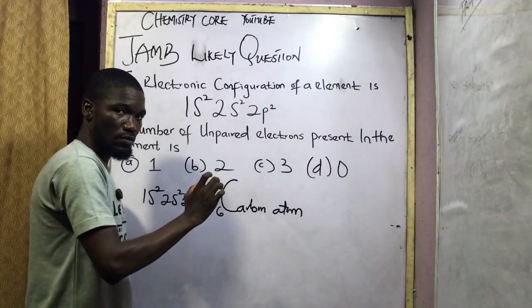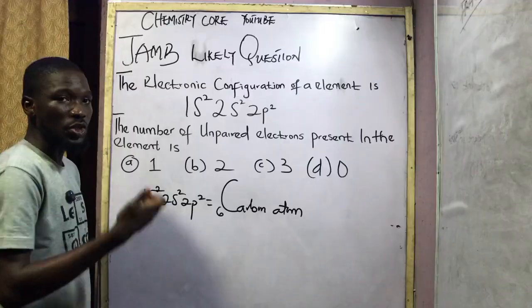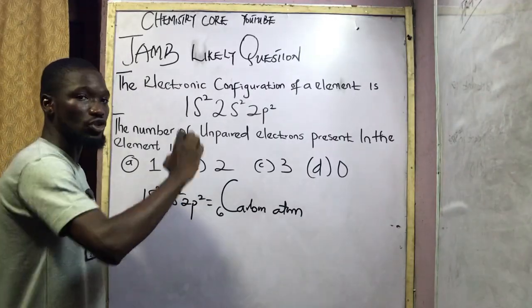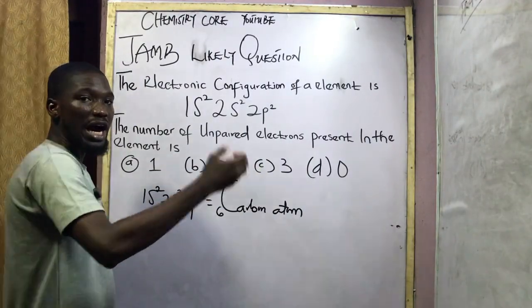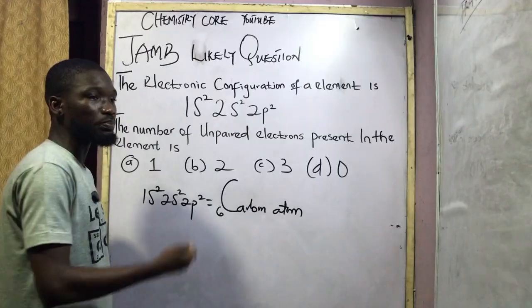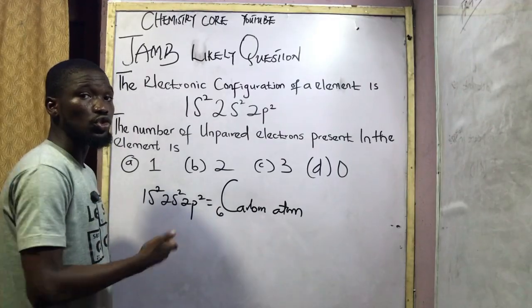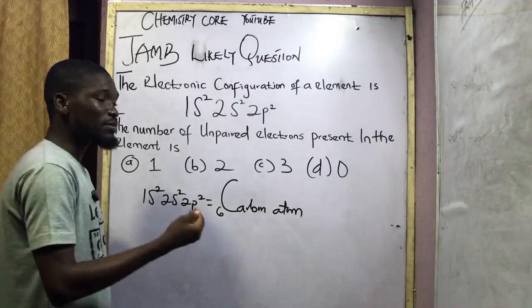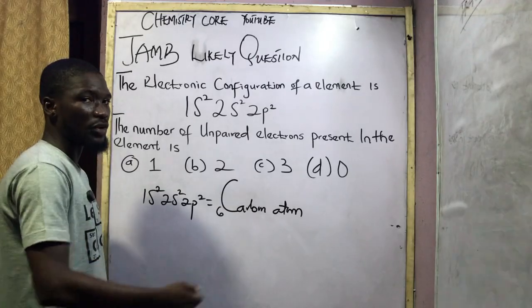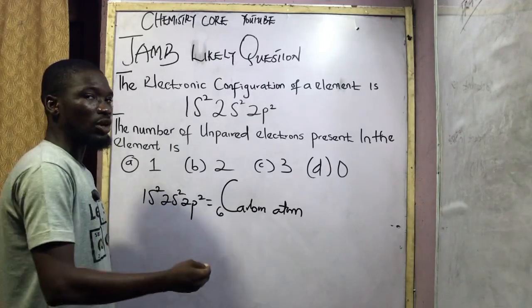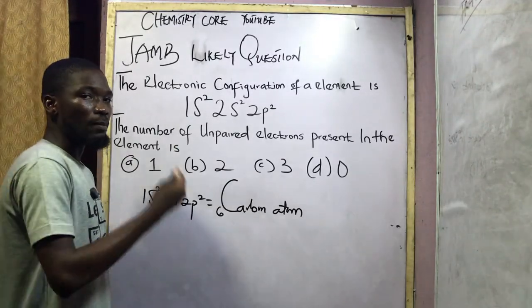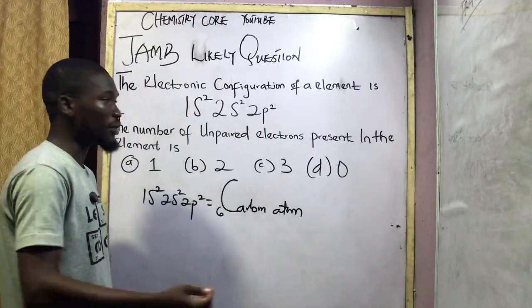So now, the next thing you need to know is the rule that governs how you can easily deduce the unpaired electrons. According to Hund's rule, electrons must be singly filled before pairing occurs. I repeat, according to Hund's rule, electrons must be singly filled before pairing occurs.